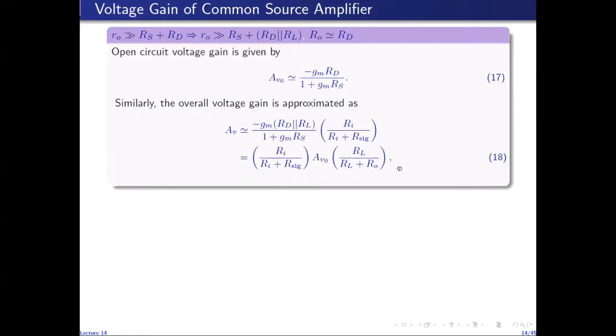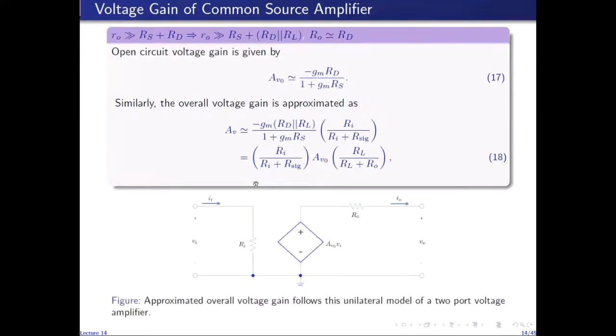So if you look at this expression, this is the expression for the overall voltage gain of a unilateral amplifier, which is modeled by this two-port network. So this is the unilateral model of a two-port network in which V naught is equal to AV naught VI.